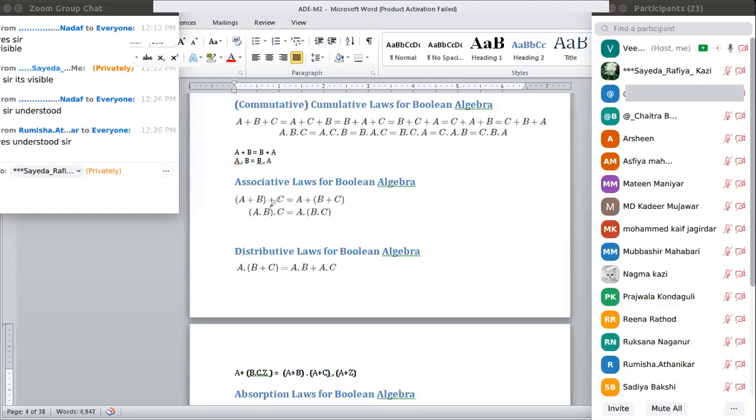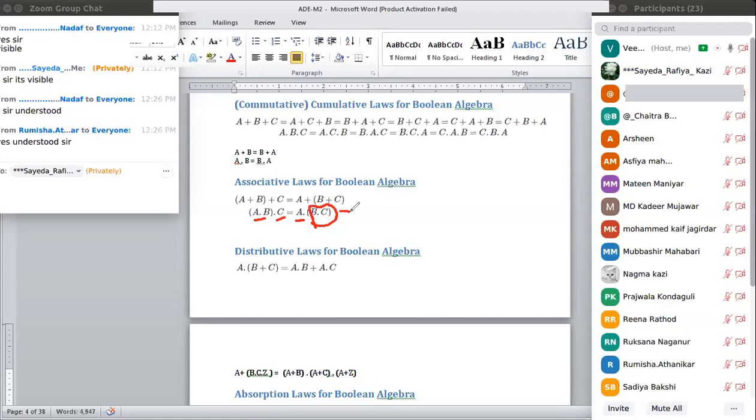Okay, A dot B is one group, again ANDed with C, whereas A dot with the group B dot C, the result will be the same always. If you change the groups, the result will be the same always.